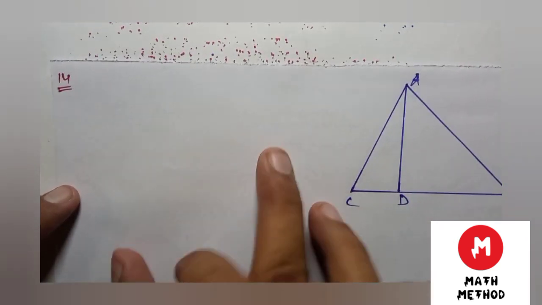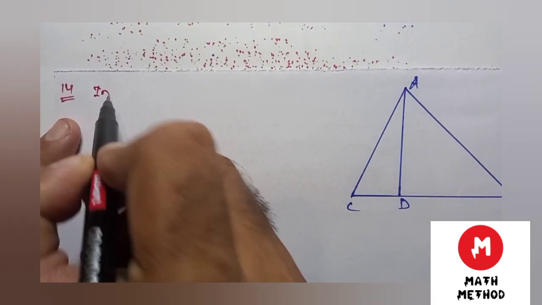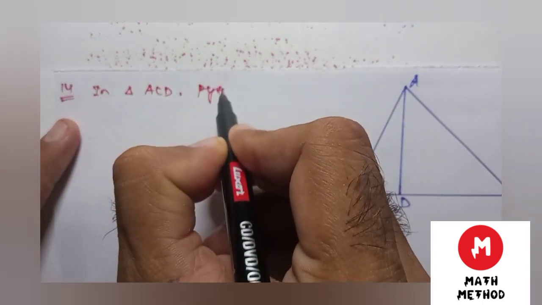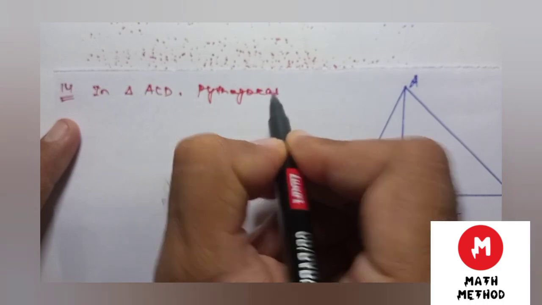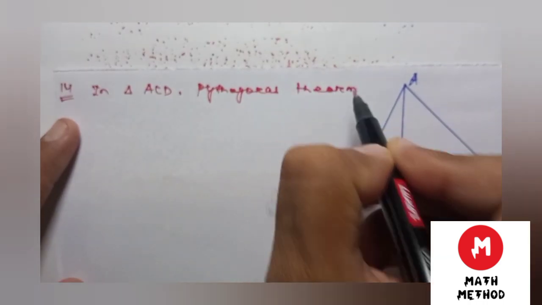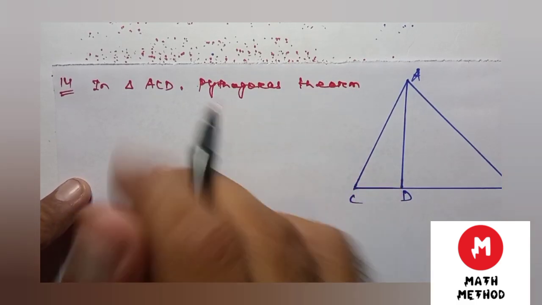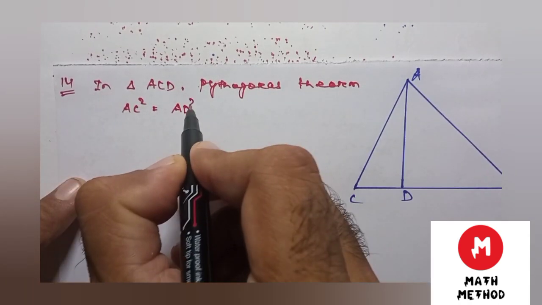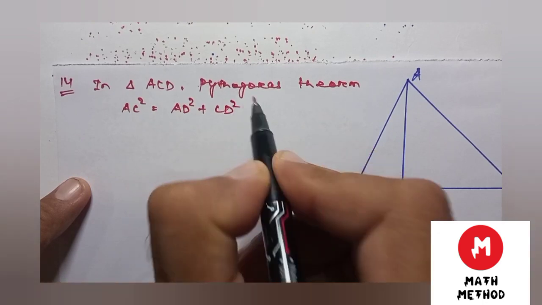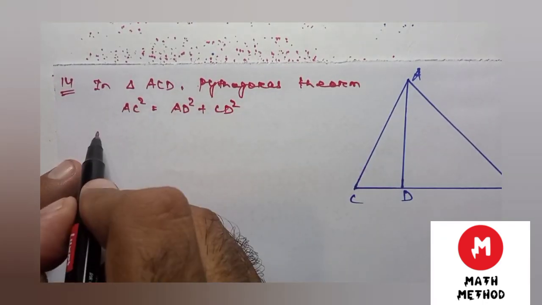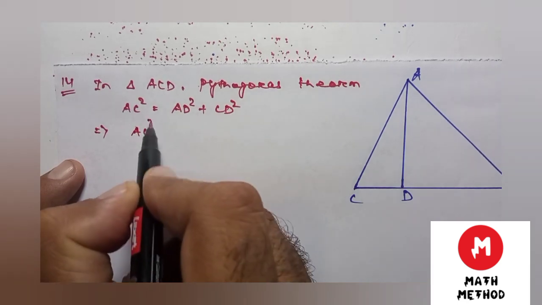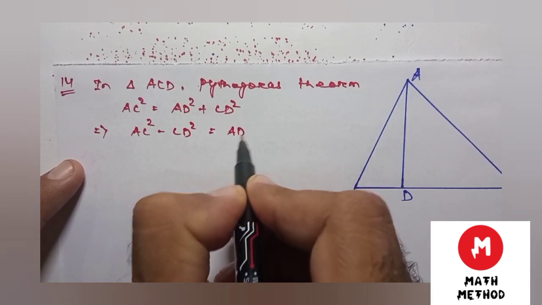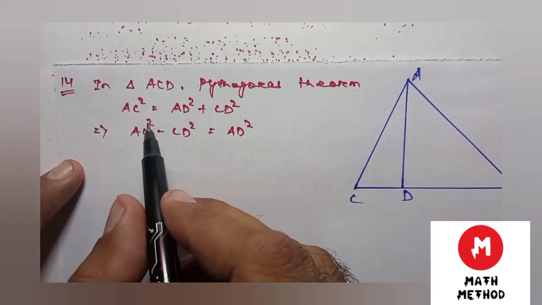Now we will write like this. In triangle ACD, by Pythagoras theorem, AC square is equal to AD square plus CD square. Clear? So AC square minus CD square is equal to AD square, by transposing CD square to LHS.